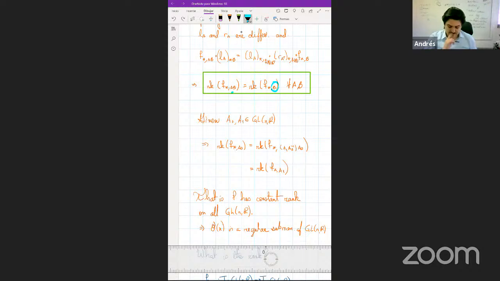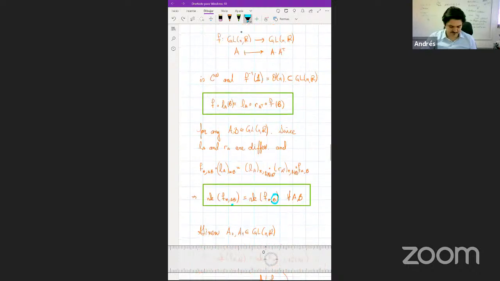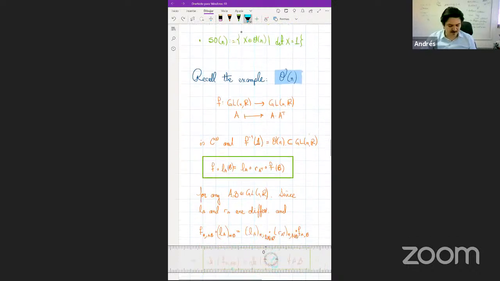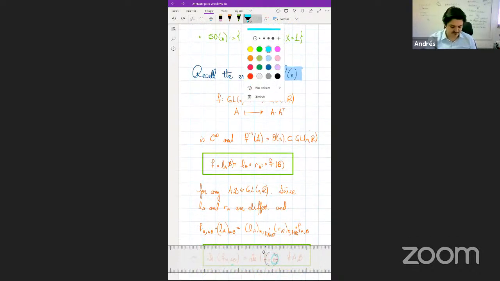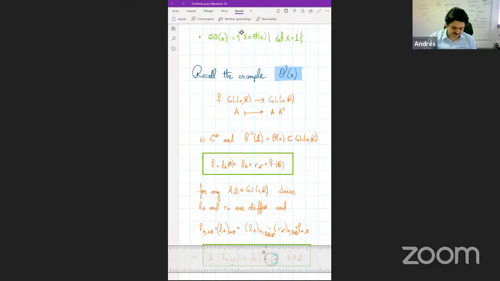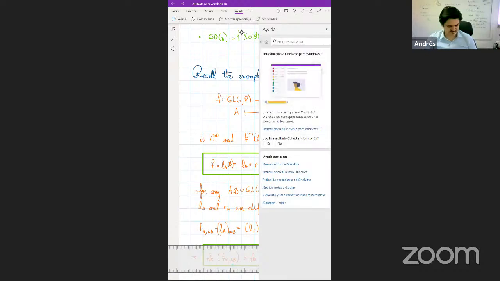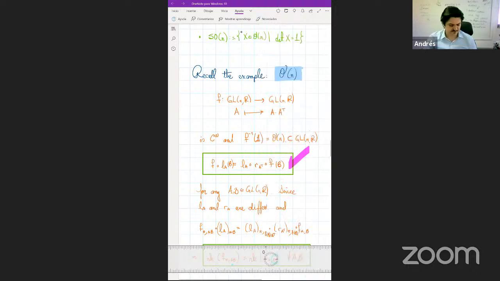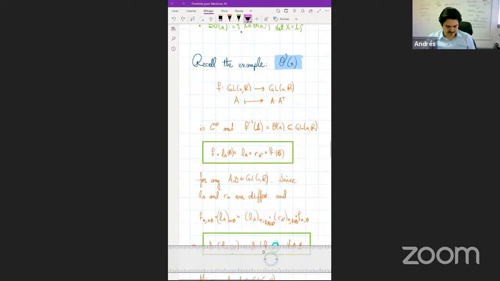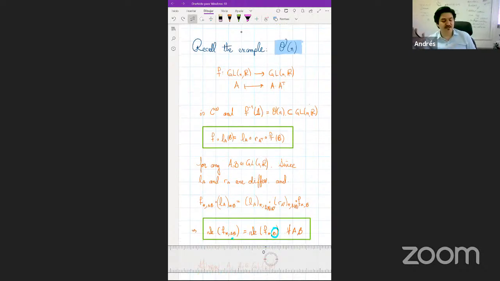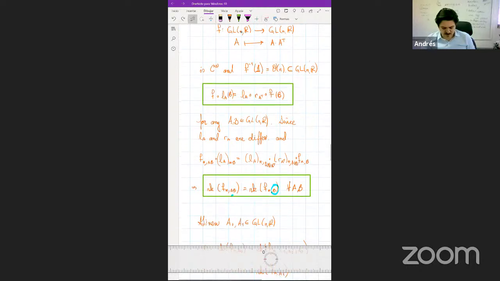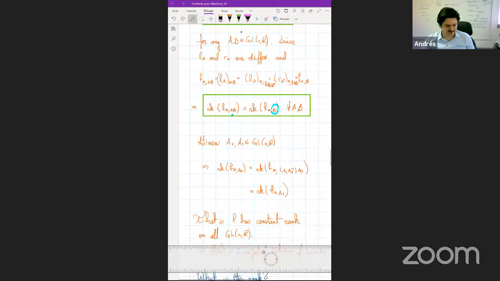So far we only used this decomposition, and then we used the chain rule, and that's it, just to find that we have constant rank.